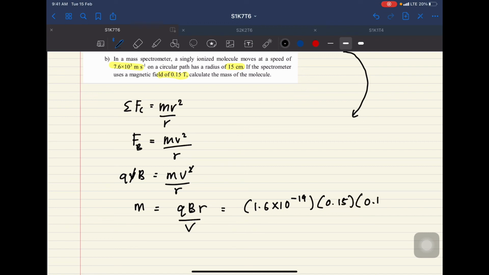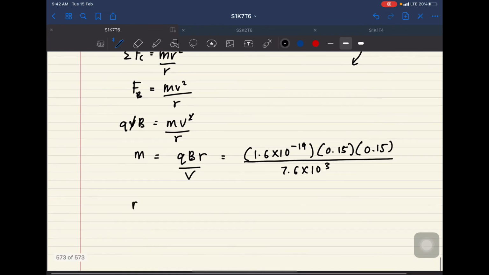The radius is 0.15 as well, which I change to meter. The velocity is 7.6 times 10 to the power of 3. Now you just have to calculate the values, then you can get the value for mass.